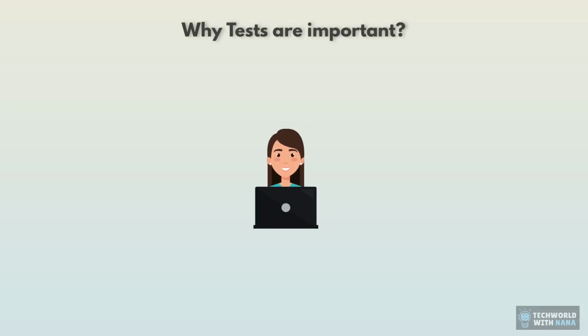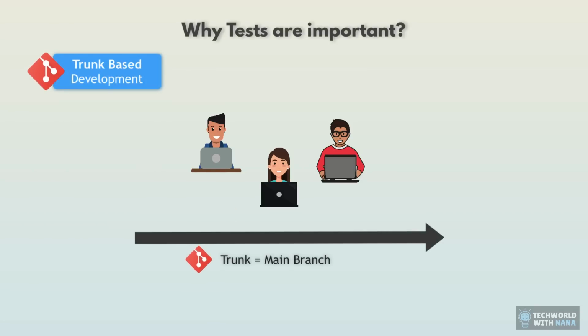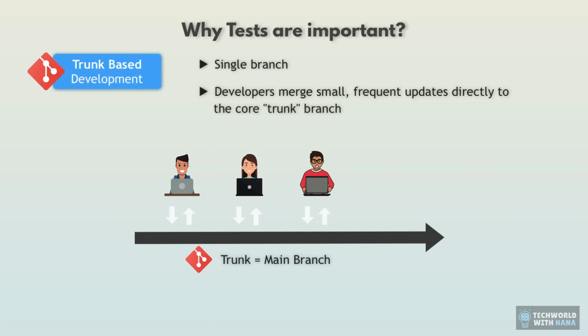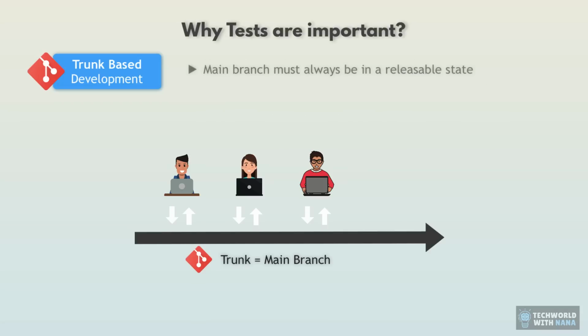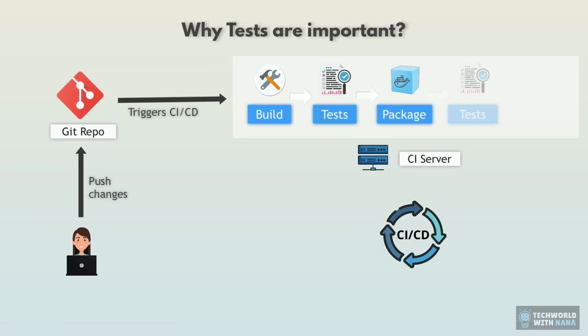Let's say you are in a team of software developers and you're working on a specific feature. And the Git workflow that your team is using is trunk-based development, which is a standard workflow in today's modern DevOps-driven development. So you always have the main branch in a releasable state that triggers an automated CI/CD pipeline whenever code changes are pushed into the main branch.